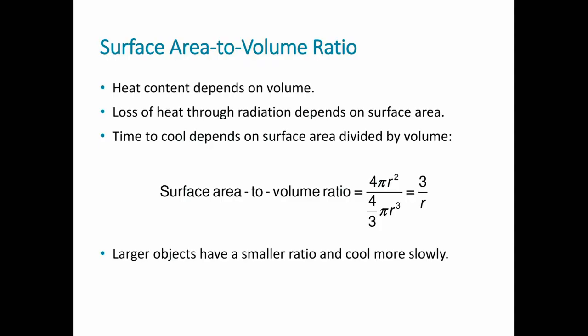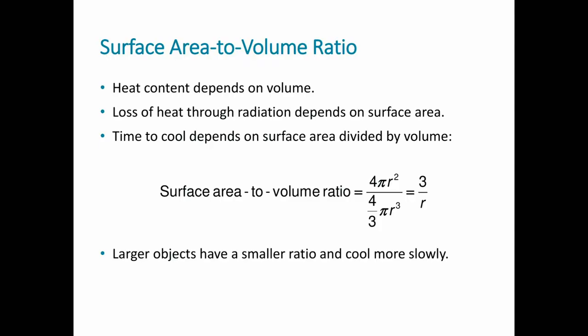So smaller objects will lose their heat faster, and the bigger objects will have a smaller ratio, and so they cool more slowly. And so the reason we care about surface area to volume, the surface area is the surface that you can radiate your energy out into space, and the volume is where the heat is coming from in the center of your object.